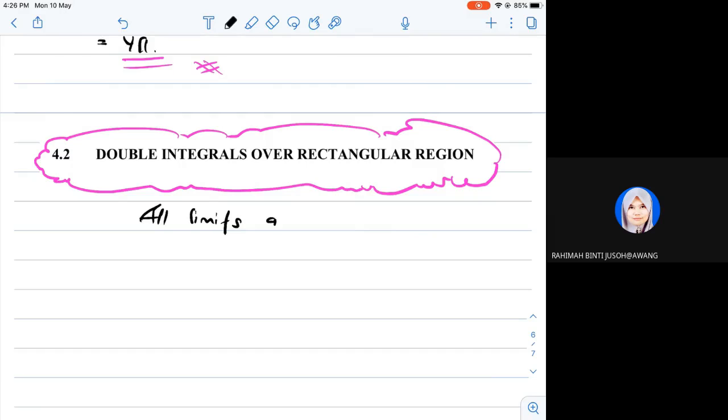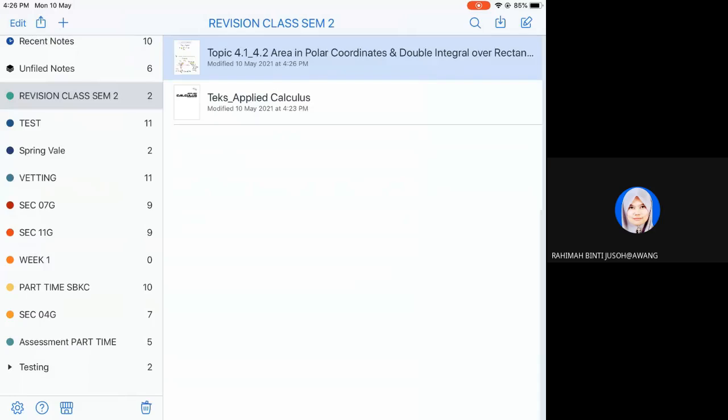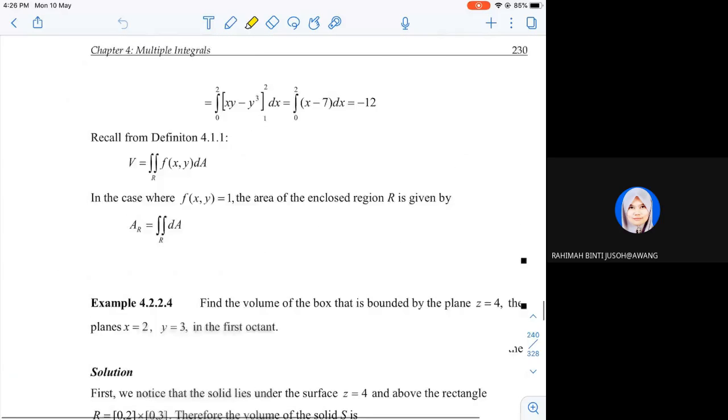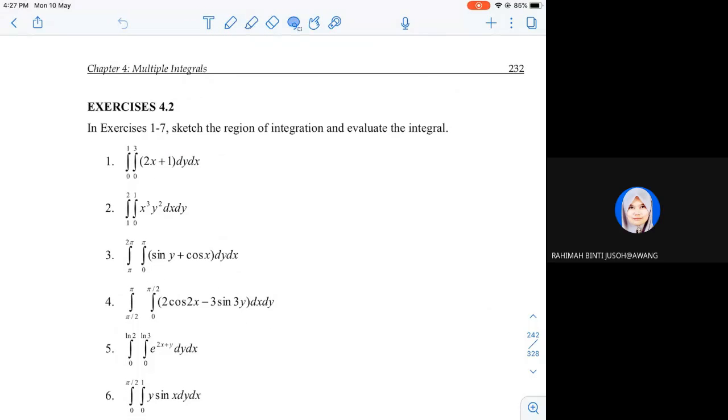So all limits are constant. Okay. So let us do exercise 4.2. Okay, so we start from the easiest question first. So let us do question number 1.